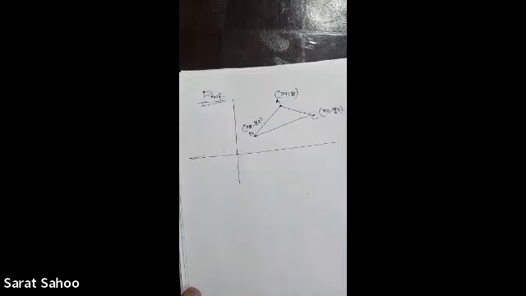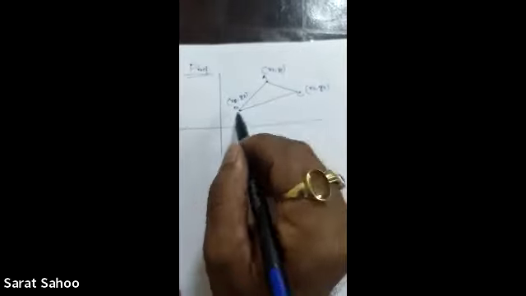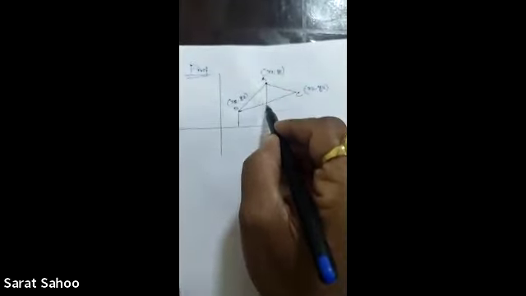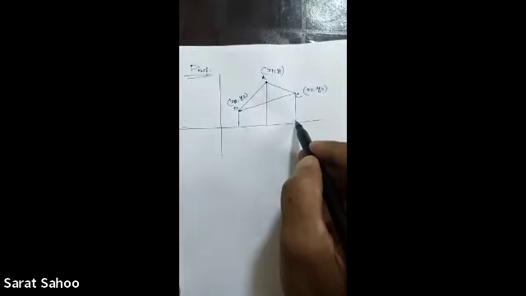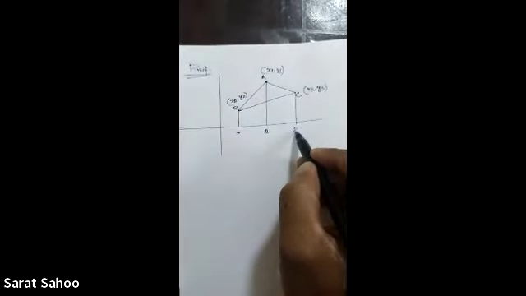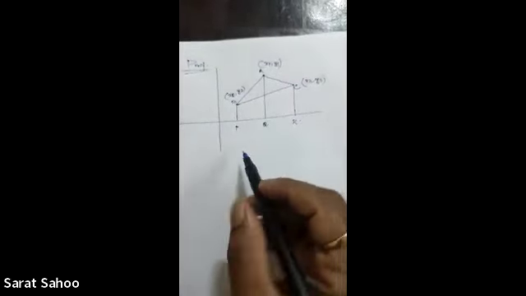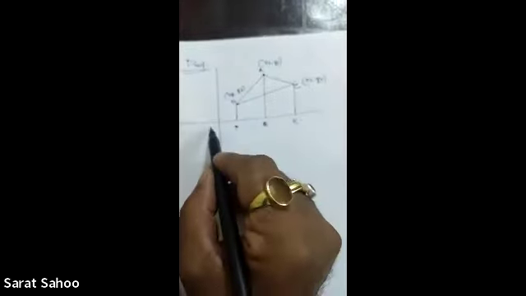Coordinates of point B are x2, y2. Coordinates of point C are x3, y3. Right? Draw perpendiculars from point A, B, C upon x-axis. Let P, Q, R be the feet of the perpendiculars drawn from the points A, B, C. So coordinates of point B are x2, y2.